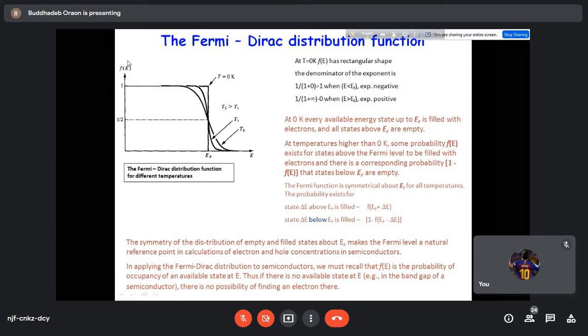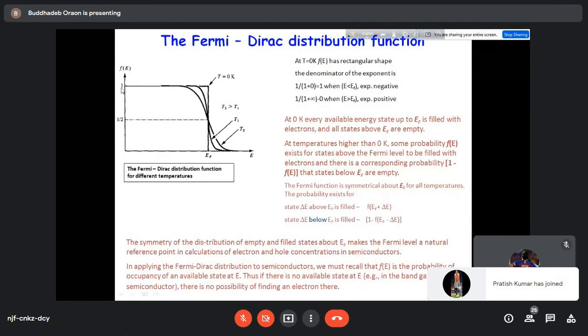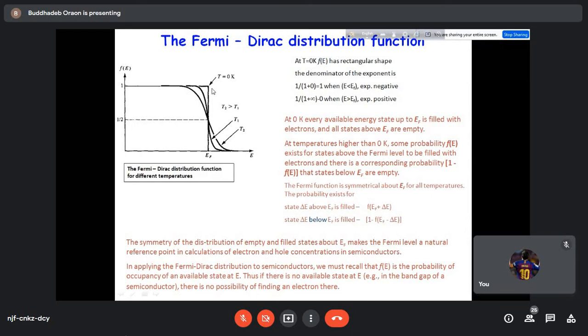for different temperatures. If we consider absolute zero temperature, as we have seen, it will be a step function. At 0 K, it is a rectangular shape.